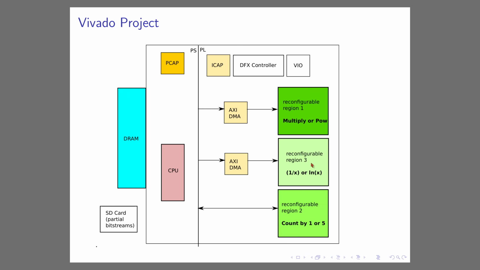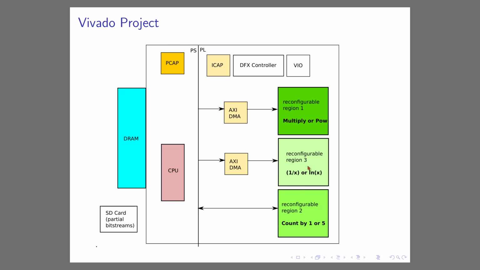Now, I have implemented simple functions for each of these blocks. And then I can dynamically change the function for each block. For Reconfigurable Region 1, I have implemented 2 functions. Either it can be reconfigured to perform multiply tasks on the data stream which is coming, or it can be reconfigured to perform power.